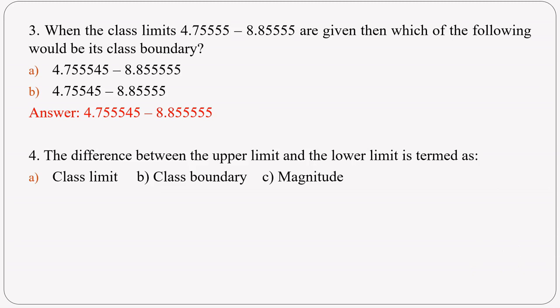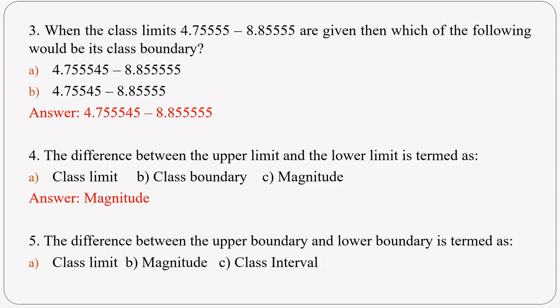Okay. Now let us move on to question number 4. The difference between the upper limit and the lower limit is termed as A, class boundary, B, class limit, C, magnitude. Which is the correct answer? The answer is magnitude.